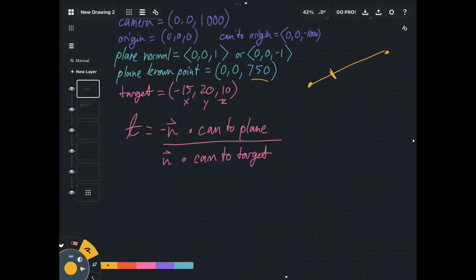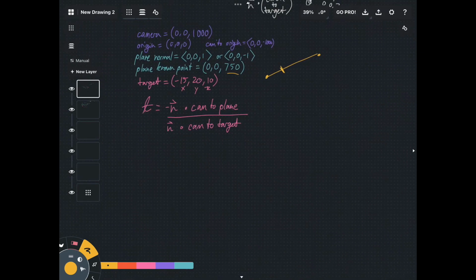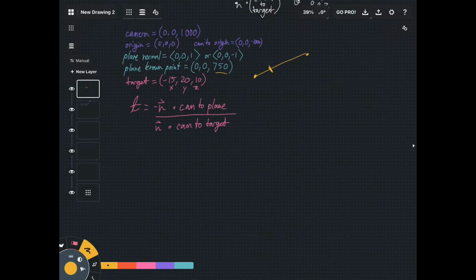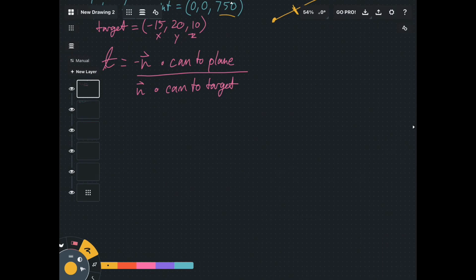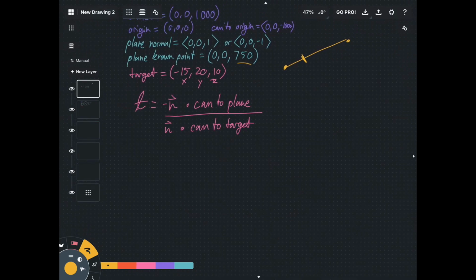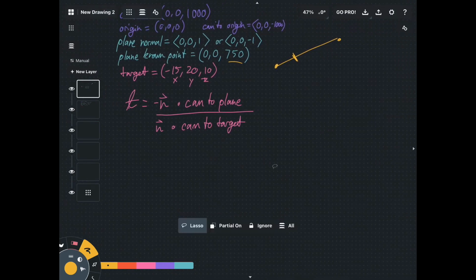So the target we have said is at -15, 20, and 10. So now we're just going to plug it into our equation that we made earlier. I'm going to write it out so I don't make any errors. We've got negative of the, man, my zoom is being weird.